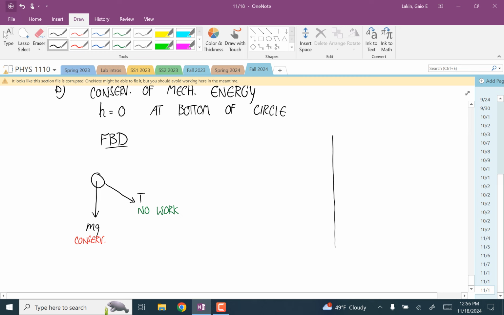Okay, so I'll write out a table. Our instant 1 is going to be at the top of the circle. Our instant 2 is going to be at the bottom of the circle. If h equals 0 is the bottom of the circle, what's the height at the top of the circle?